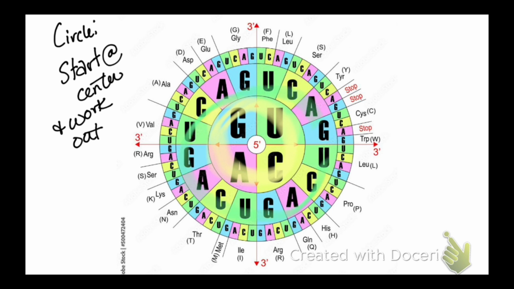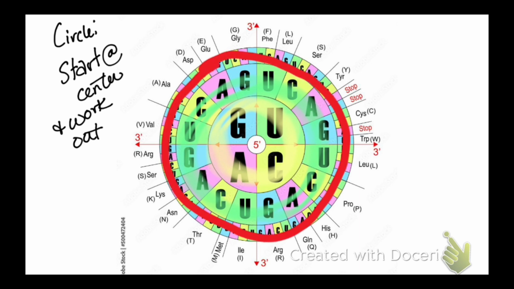Everything here would be my second letter, and then everything out here would be my third letter. And then what I see on the outside of this would tell me what amino acid that 3-letter combination codes for, okay? And I know this is hard to understand without seeing someone do it, so I'm going to model this for you here in just a second, and then you're going to try to do some on your own.